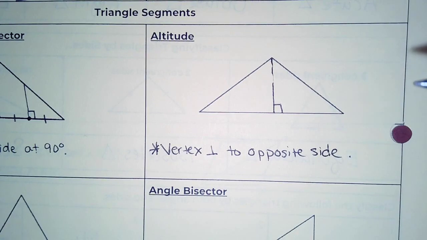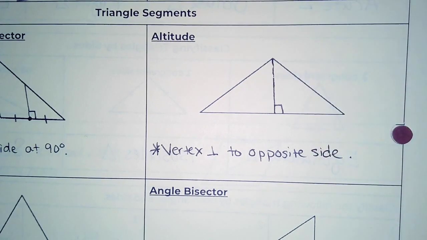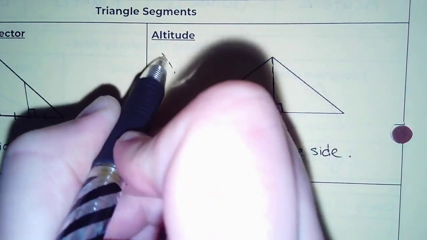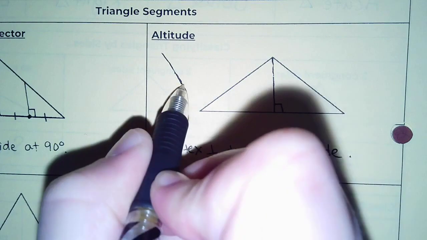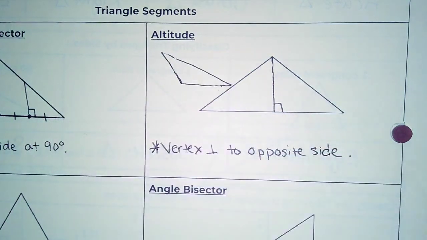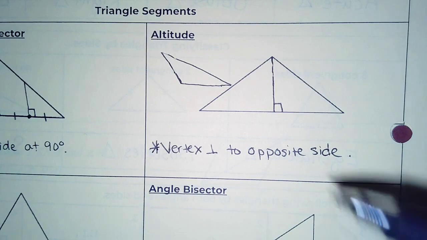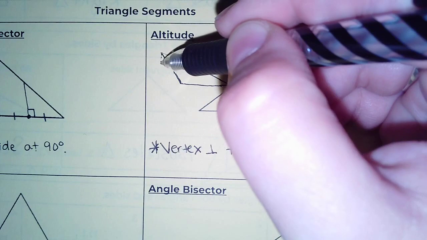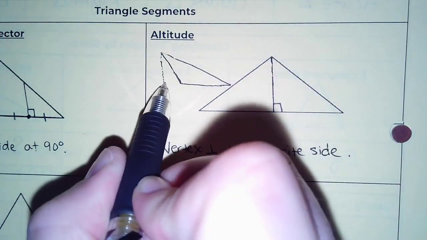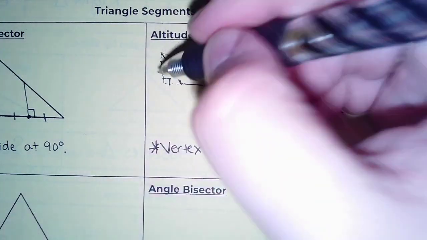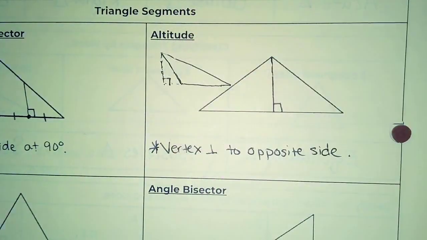So 90 degrees. If I had a triangle that was obtuse, but maybe it was sitting like this, my altitude could lie outside the triangle. So this vertex right here, bringing that straight down at 90 degrees, I could have the altitude landing right out here like that.